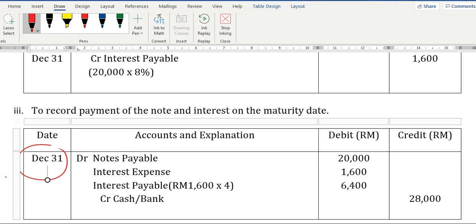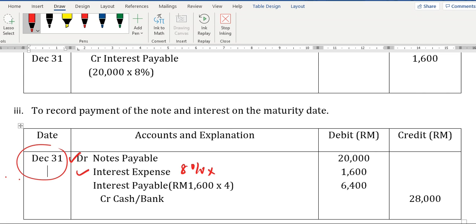You will debit notes payable, and you need to declare and pay the interest for 2016, so we will debit interest expense. This is 8% of 20,000 for the year 2016. And for interest payable, this is 1,600 multiplied by 4, for the years 2012, 2013, 2014 and 2015.